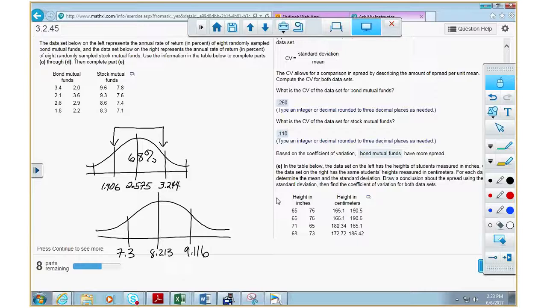Yeah, they don't put mutual funds with business. They put mutual funds with students' heights. Okay, I'm not going to go through that because we're running out of time, but the same thing that we did with those, you do with this set. I don't know what they're going to ask you after that, but I'm not going to give you this type of question on the test, but I will give you the mean, median, and mode, that type of question.